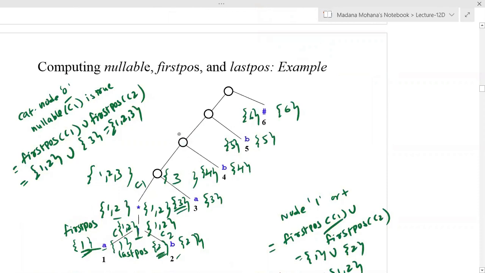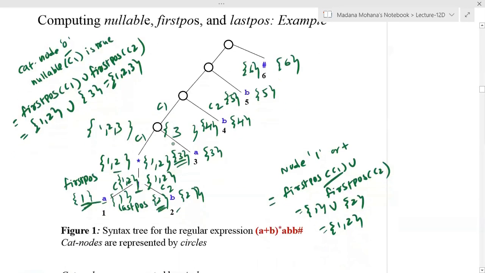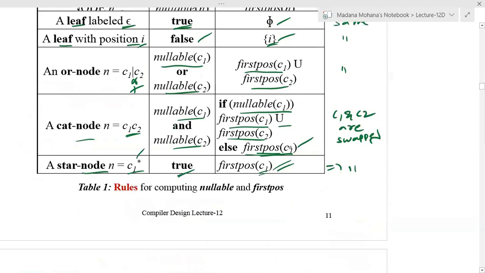Then similarly, let us take this cat node. This is C1, this is C2. C1 is not nullable. Now what you have to do here, in the else case, you consider the first position of C1.